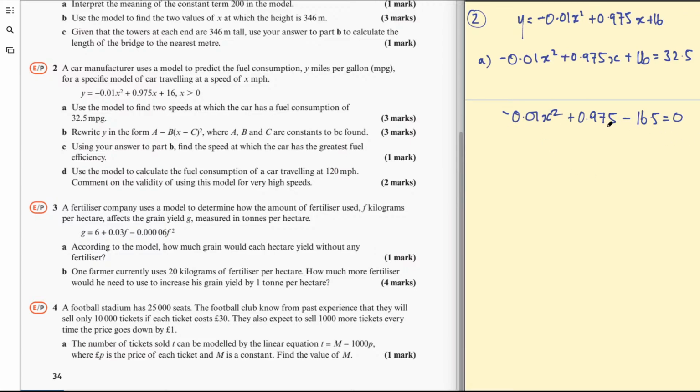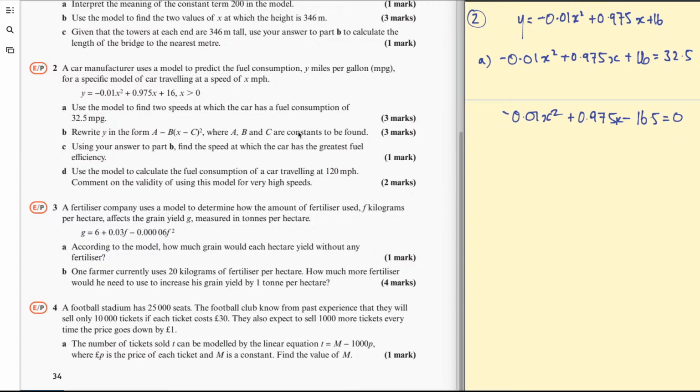Let's say we multiplied everything through by 1000. This would be 10x squared plus 975x take 1650 equals 0. Okay, that's too hard. I'm not going to bother trying to think about that one.